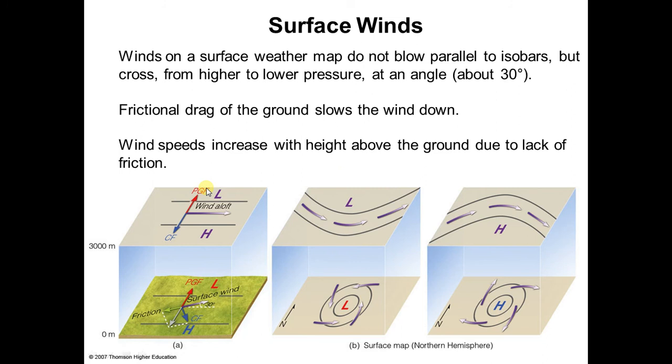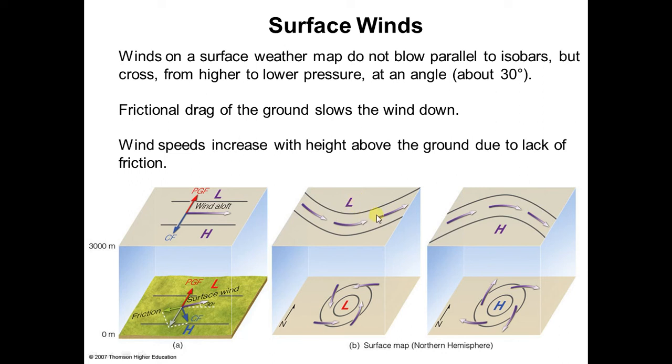So here's an upper level weather map. You see straight contour lines, lower pressure toward the north, higher pressure toward the south. There's a balance between pressure gradient force and Coriolis force, and the winds blow parallel to the contours. Around a low, a trough, the winds still blow parallel to the curved lines, but there would have to be a net inward directed force here.